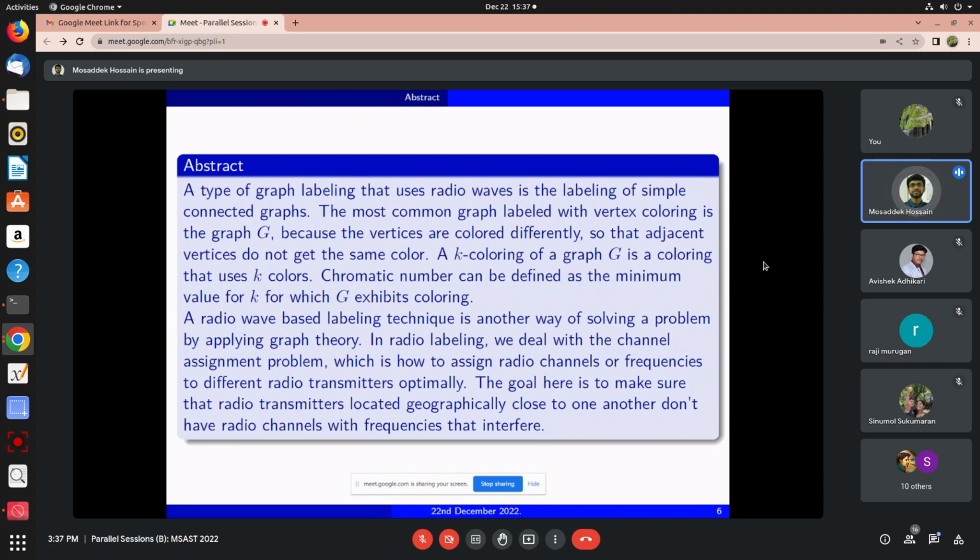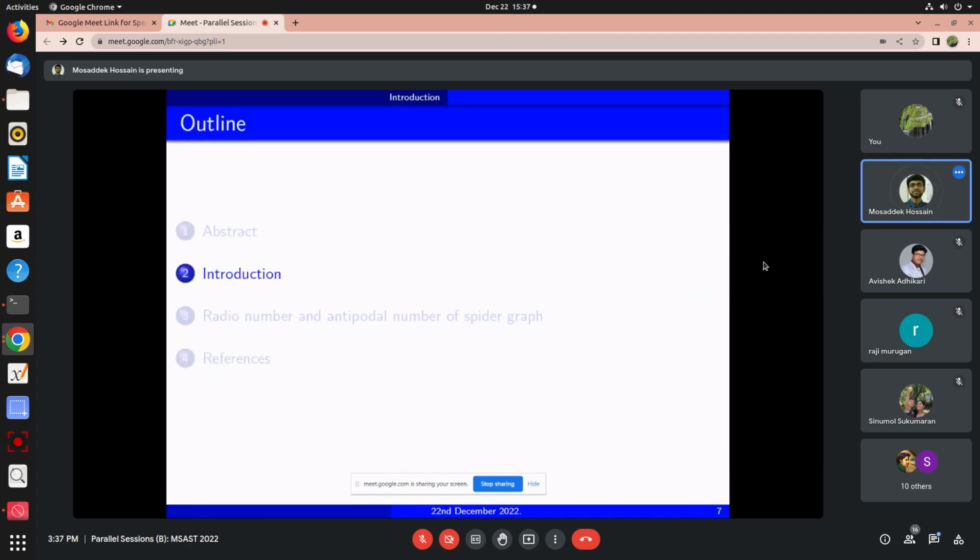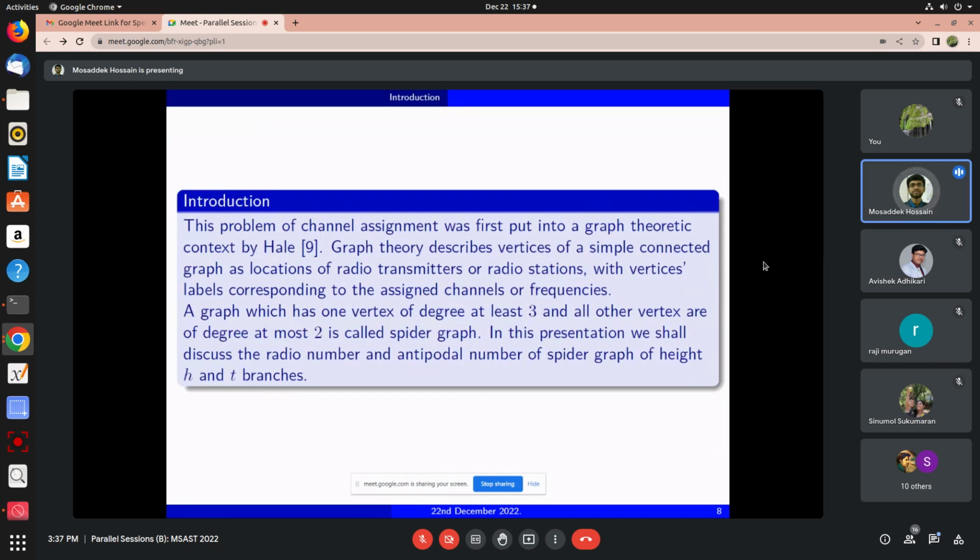Chromatic number can be defined as the minimum value of k for which G exhibits the coloring. The problem of channel assignment was first put in the graph theory context by Hell. Graph theory described vertices of a simple connected graph as locations of radio transmitters or radio stations, with vertex labels corresponding to the assigned channels or frequencies.